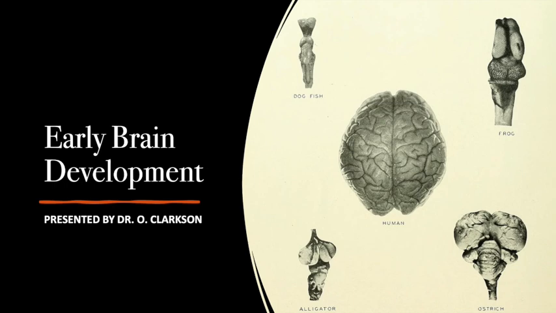And then you have the spinal cord. Again, that's going to originate from the neural tube. So the neural tube eventually turns into the spinal cord. Then the next thing that you see is that the prosencephalon eventually turns into the telencephalon and diencephalon. Okay, so the origins are the prosencephalon.